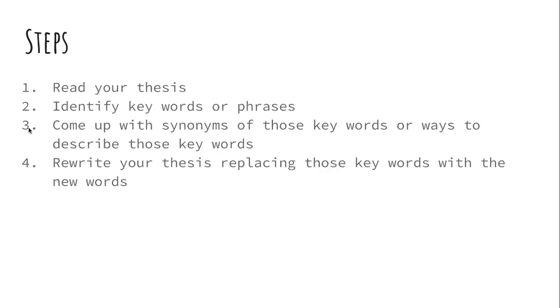Number 3, with those keywords and phrases, come up with some synonyms or some ways to describe those keywords. You can use different sources like a thesaurus or a dictionary. Step 4, rewrite the thesis, just replacing those keywords with the new synonyms.